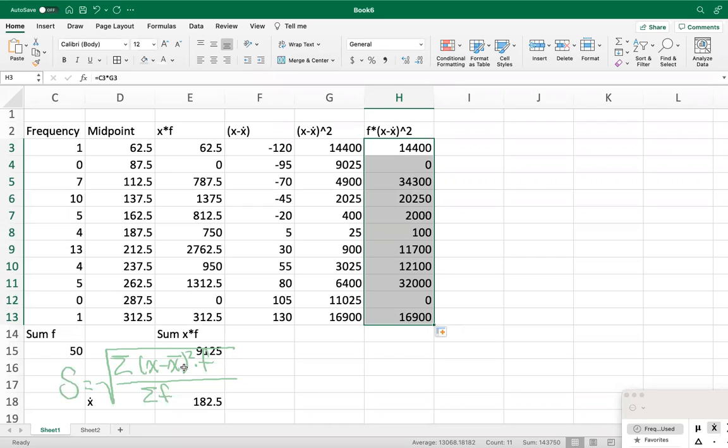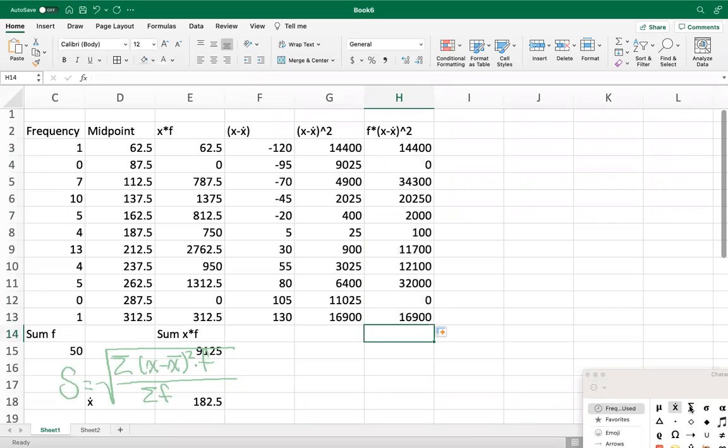Now that we have that, the next thing we have to do is figure out the sum of those deviations. So here, we'll label this as the sum of these values. There we go. I'm just going to type it in underneath.